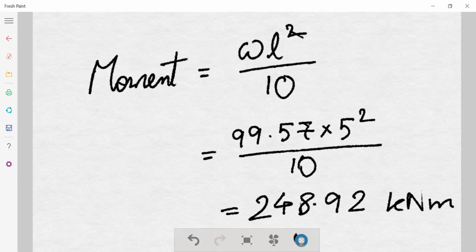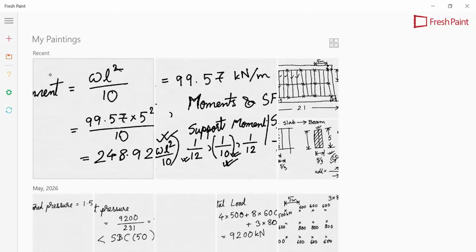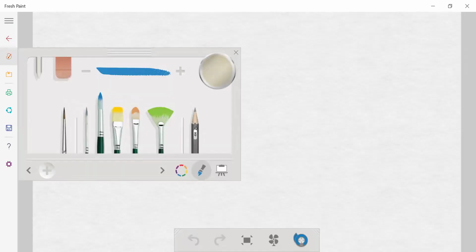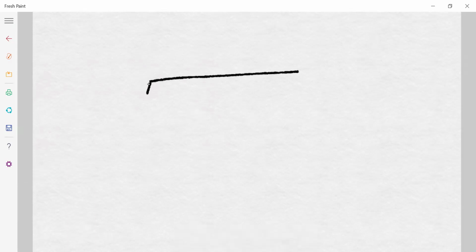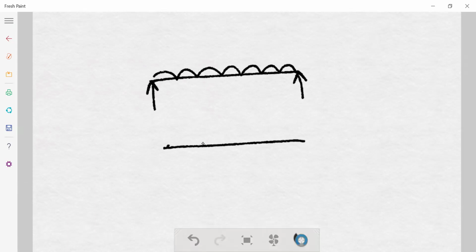And what is the shear force? Now you see, when there is a simply supported beam with a UDL, the shear force is very simple. It's like this.